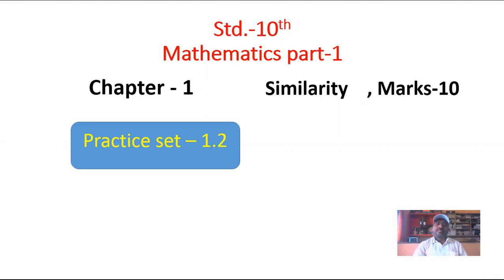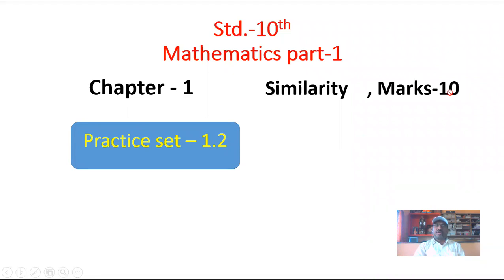Today we have to learn practice set 1.2, which depends upon the theorem of BPT, the basic proportionality theorem, the angle bisector of a triangle theorem, and the theorem of three parallel lines and their transversal.